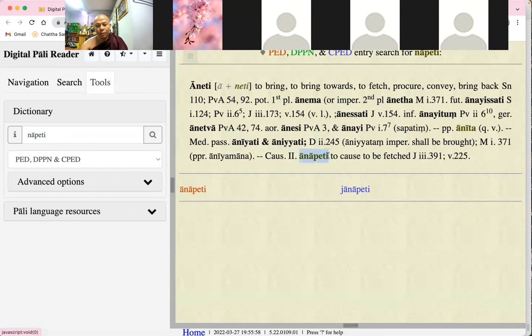Yeah, causative form. Aneti or Anabidi. So we have that one, okay. Anabidi we have. Anabidi, so that is from the root ni. So anedi or aniati, okay, anabidi.